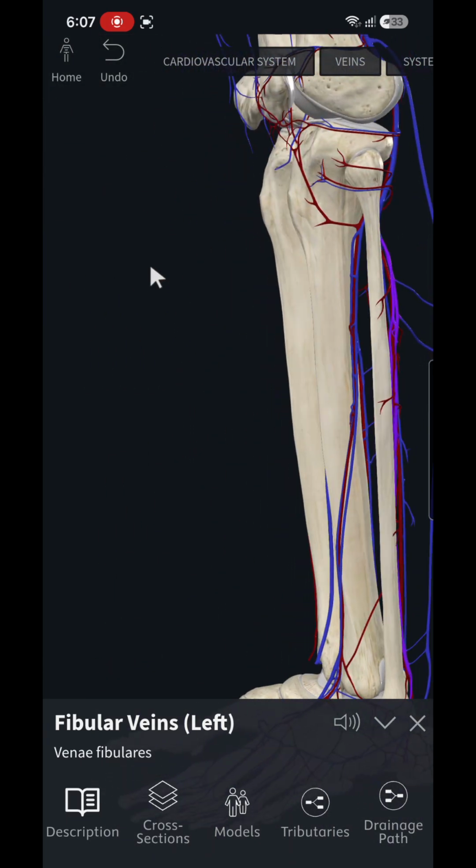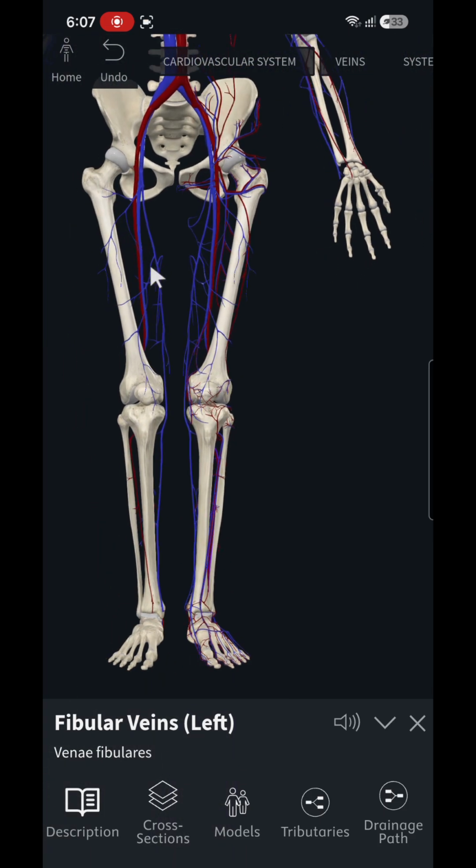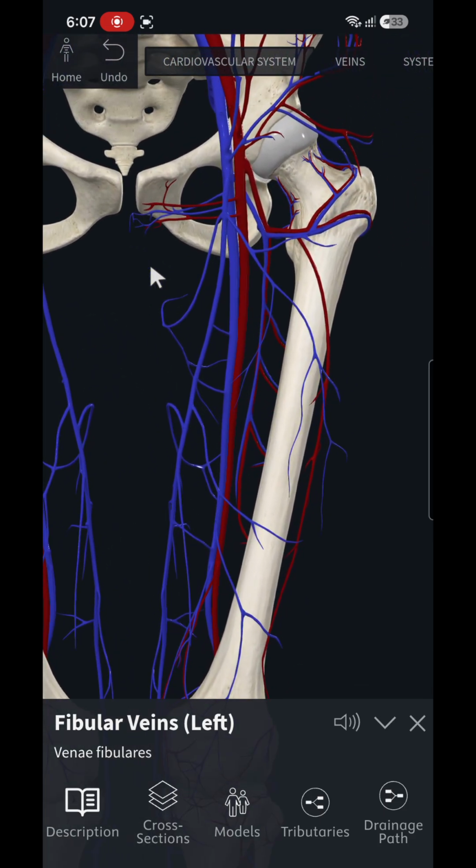So now that we know the divisions, let's go again to the upper part of the lower limb, and let's see how to do the Doppler scan. Let's just do fast notes on how to do a Doppler scan.